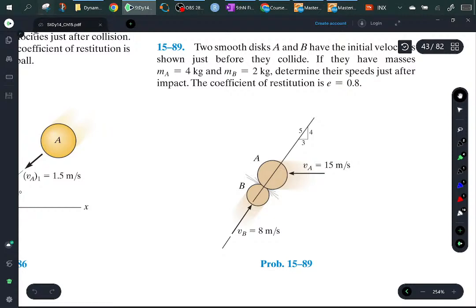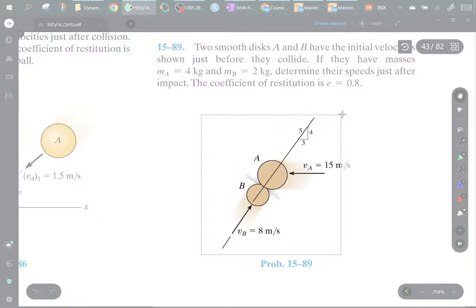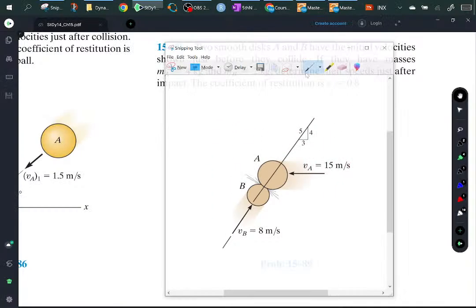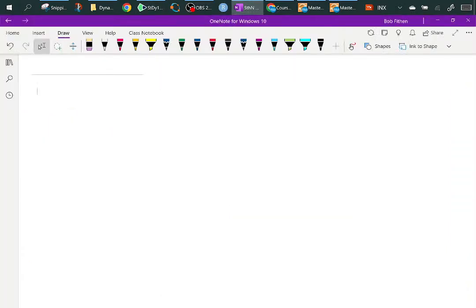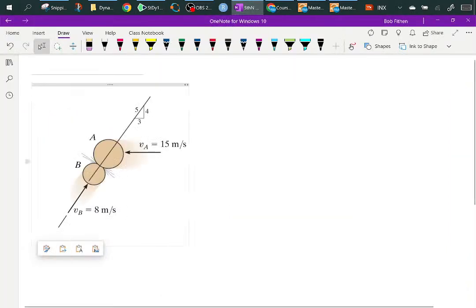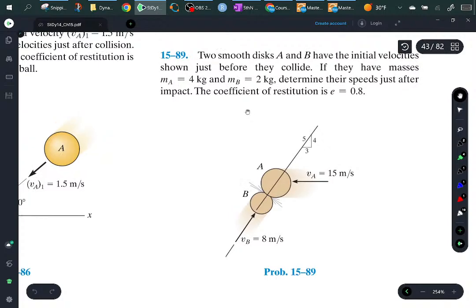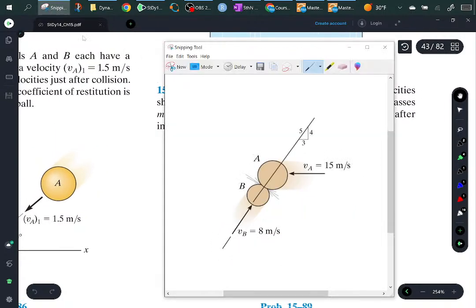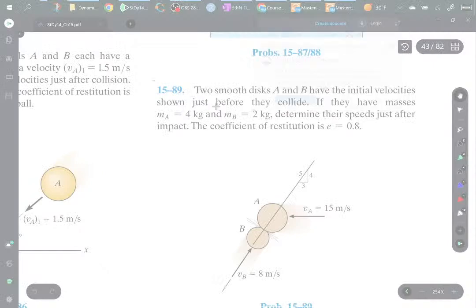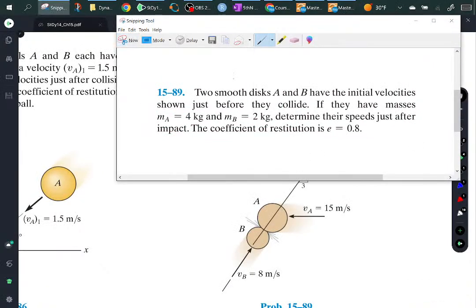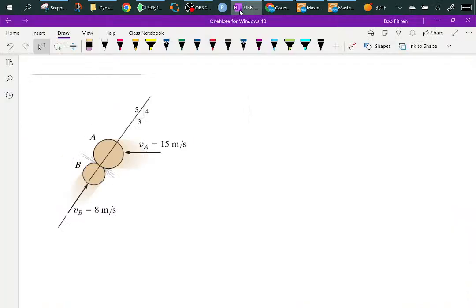So what I'm going to do is first grab the picture, and then I'm going to grab the wording. Give me a second, put it right here.